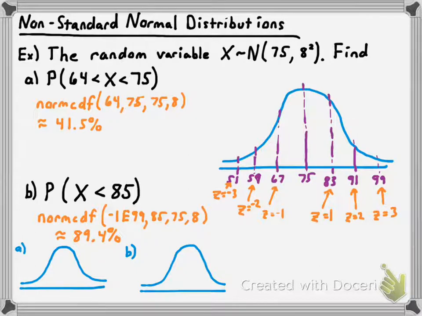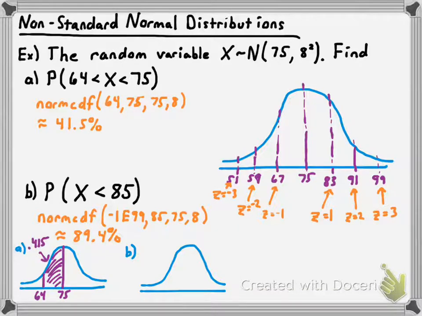So in part A, when we figured out that the probability that a data value would be between 64 and 75 is 41.5%, that means if I find the number 64 and 75, remember 75 was the mean right there, and 64, which was a little more than one standard deviation below the mean, around right there, we're saying that this area right here is about 0.415. Remember, the total area under the curve is 1, so that makes it 41.5%.